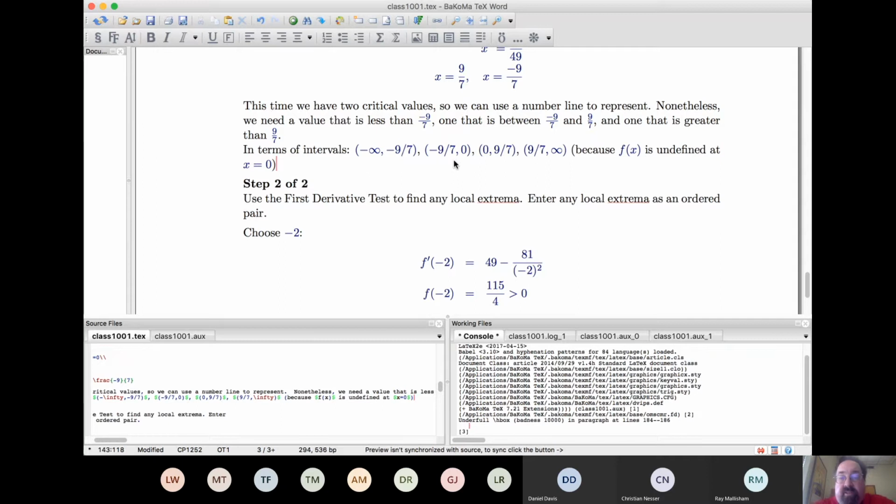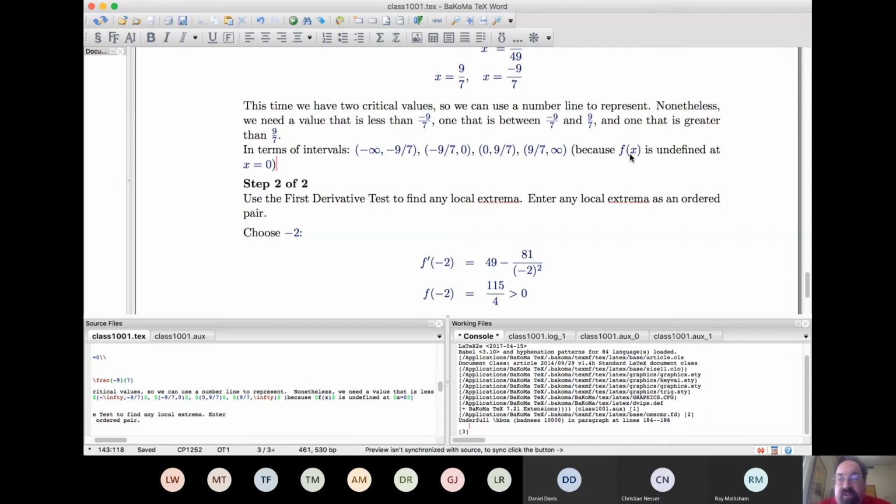The reason why I have to do that is if I pick an x value in here versus in here, it's possible that we may actually get different outcomes. So by checking whether minus 9/7 is a local max or min by looking at these intervals, and then checking if plus 9/7 is a local max or min by looking at these intervals, we can be sure to get a reliable indication.